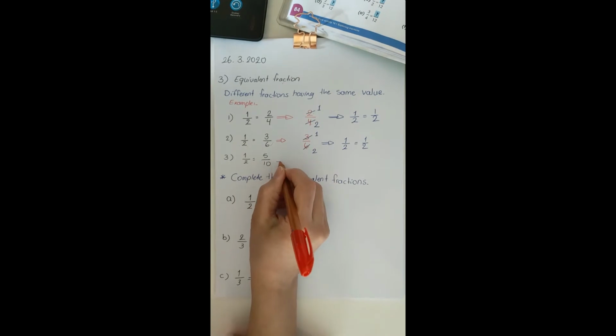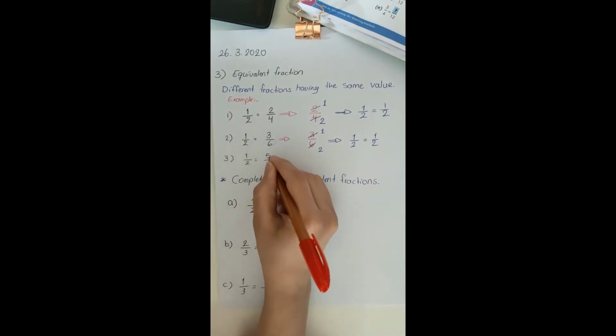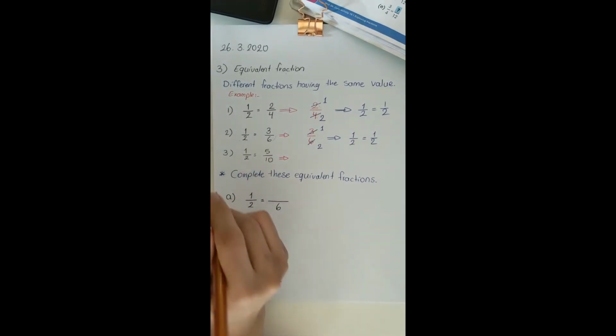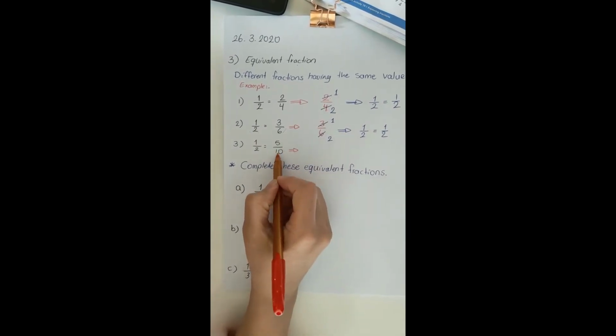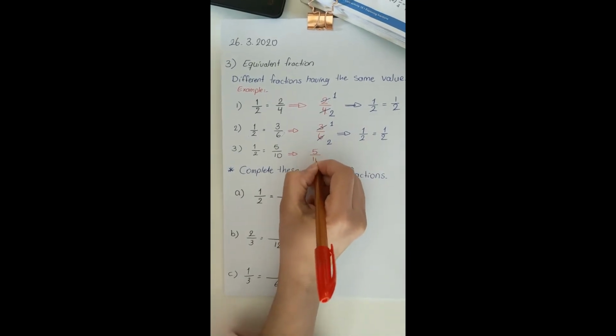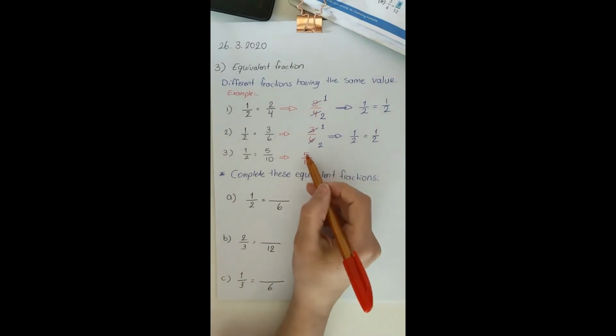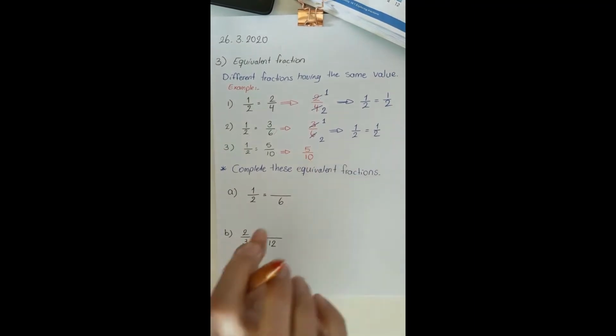I'm going to do it for the last example that we have. I have 1 over 3 and 5 over 10. Let's see how 5 over 10 is equal to 1 over 2. I have to look for a number that I can divide 5 and 10 by that number.